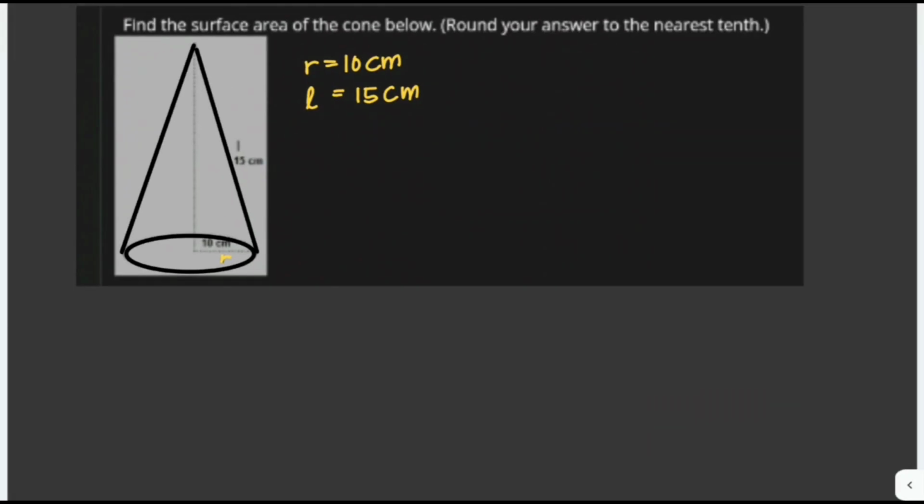Now to solve for the surface area of the cone, we can use its formula, which is just equal to the area of the base, which is pi r squared, our base is the circle, plus the lateral surface area, which is just equal to pi times the radius times the slant height. In this case, it's denoted as L.